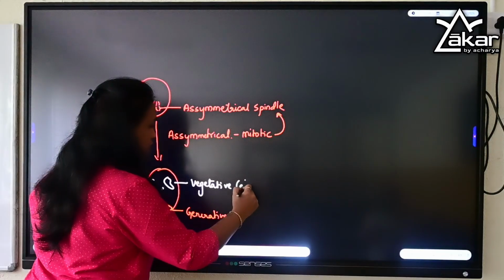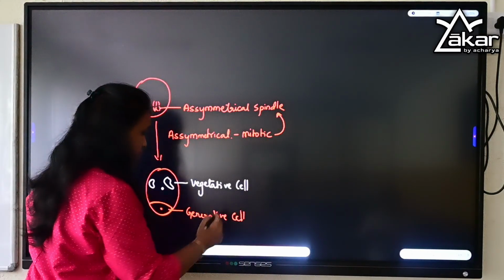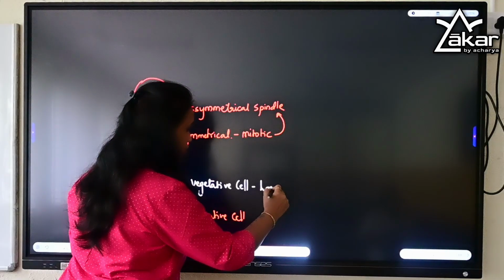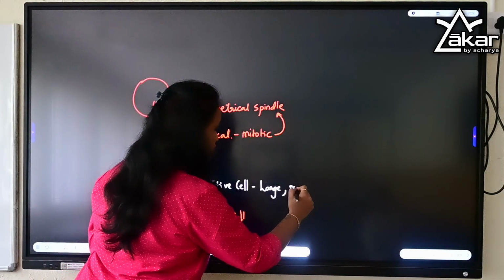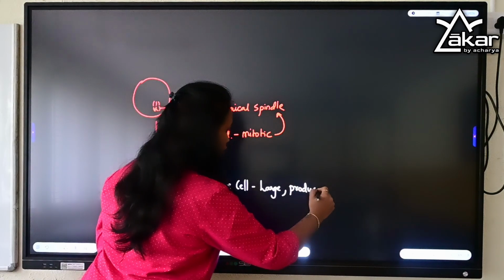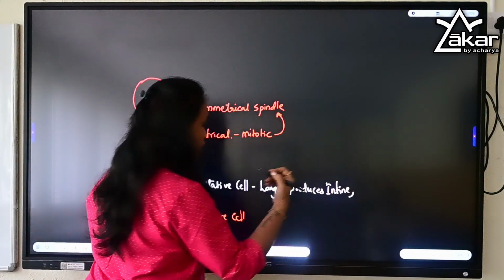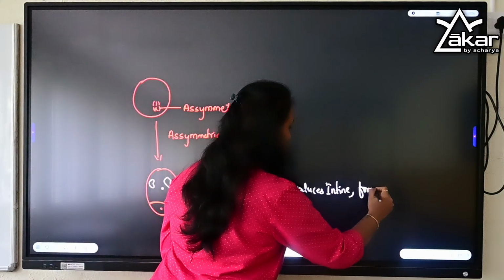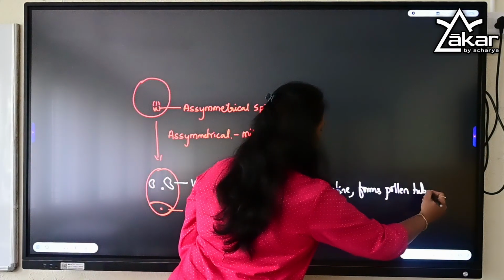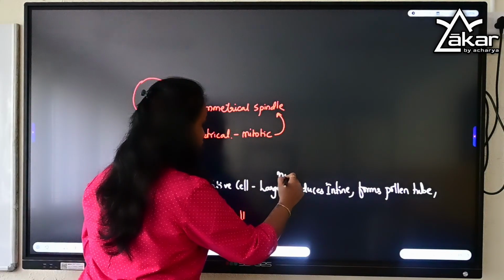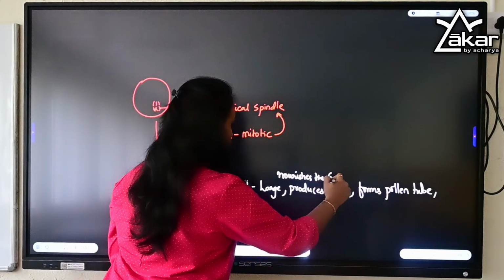This vegetative cell is large, produces intine, forms the pollen tube and nourishes the generative cell.